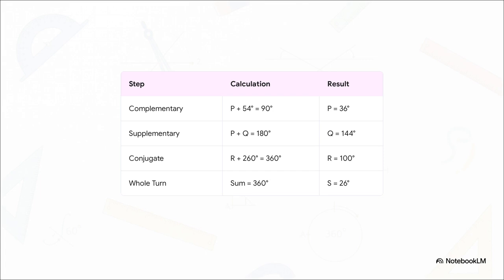Now, if R is conjugate to 260 degrees, they total 360, leaving R at exactly 100 degrees. Finally, for a whole turn summing to 360, we just add up all our knowns, 100, 144, 36, and 54, which leaves exactly 26 degrees left over for S. It's incredibly satisfying how perfectly that all falls into place.